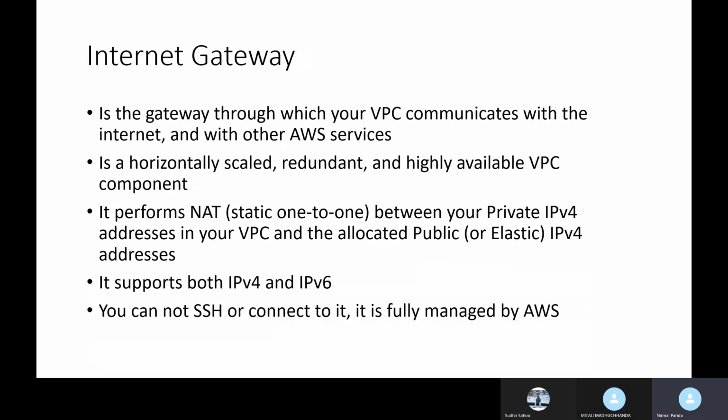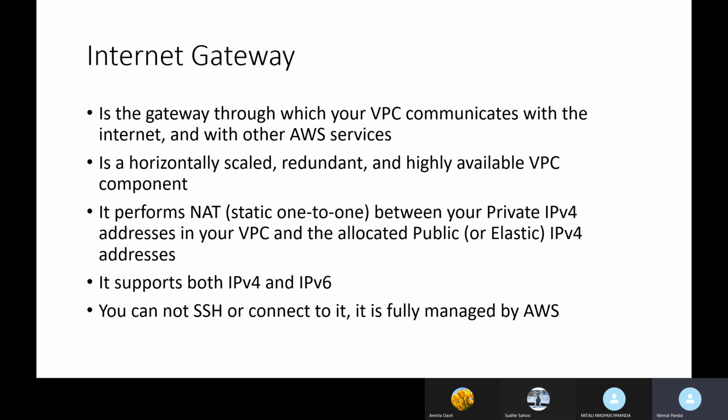So next is your internet gateway. An internet gateway is a gateway through which your VPC communicates with the internet and with other AWS services. It is fully managed by AWS, and it is a horizontally scaled, redundant and highly available VPC component.